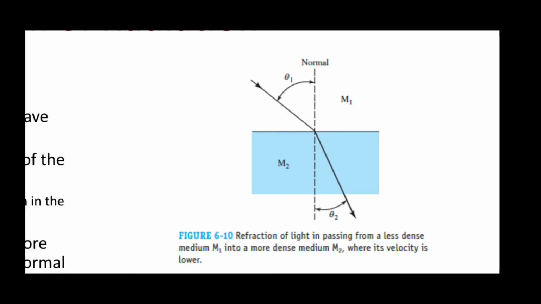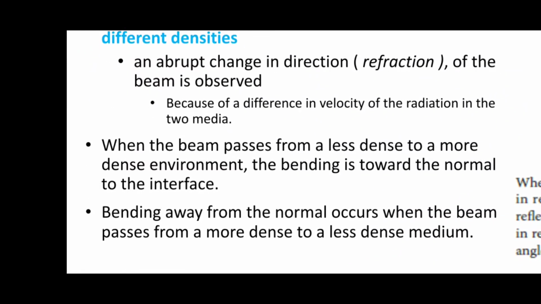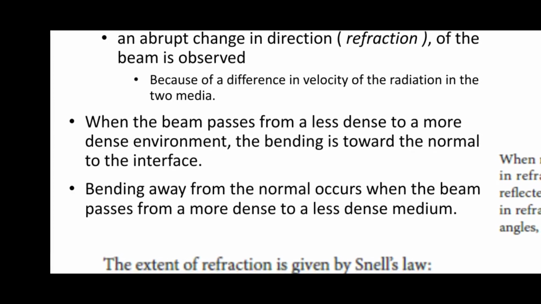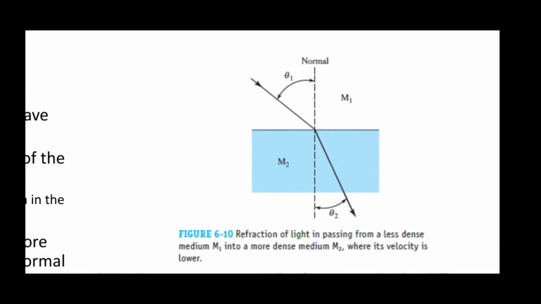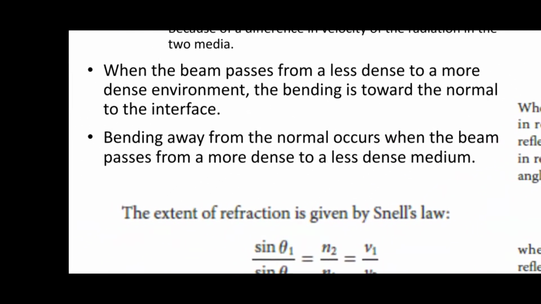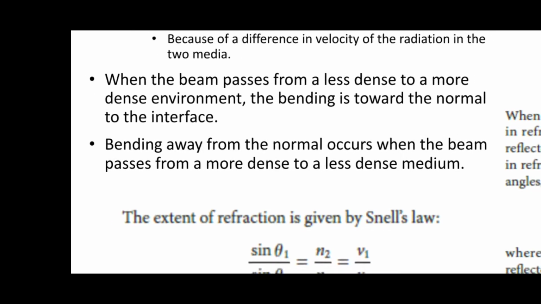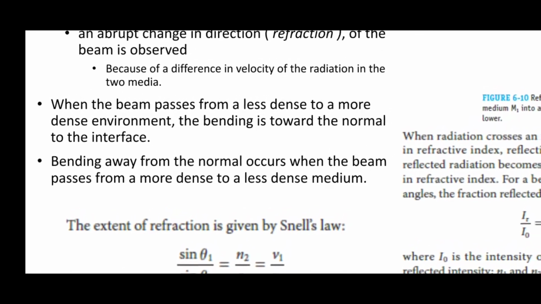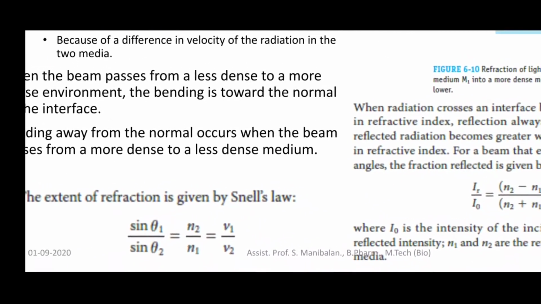In m1 it shows the bend towards the normal, and bending away from the normal occurs when the beam passes from a more dense to a less dense medium. Imagine this process in the direction from below to up, and how it gets deflected. The extent of refraction is given by Snell's law. This is a very basic law, sometimes you may be asked it in GATE. It is sine i by sine r, the refraction. We will see that.